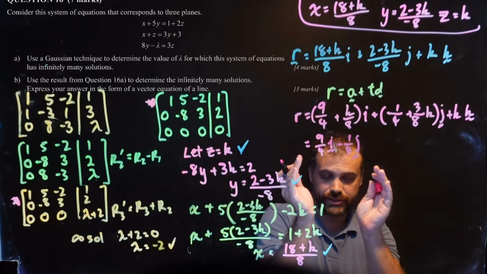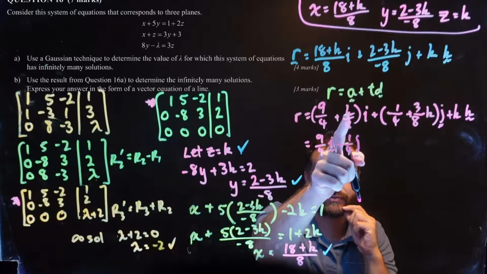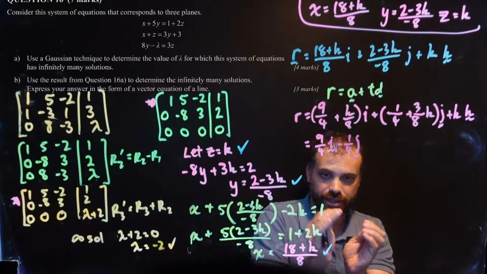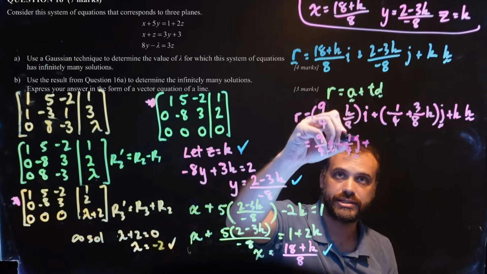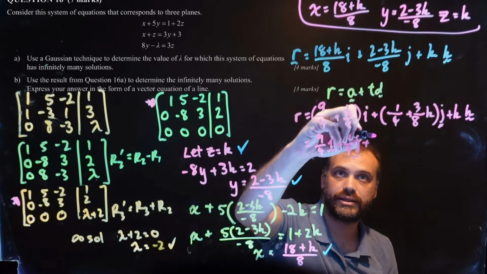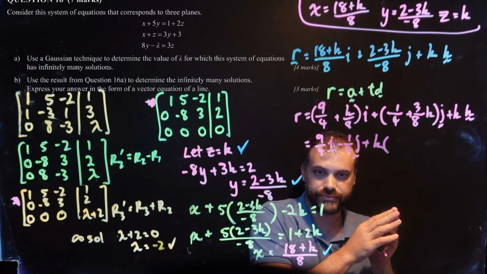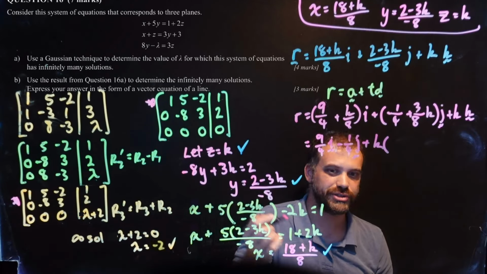And that's our starting position, right? Because the rest of them have our k parameter there, and they're going to be our directions. So then plus, and then k out the front, and then the i's, the j's, and the k's. Very confusing with this k. I wish I'd chosen t.